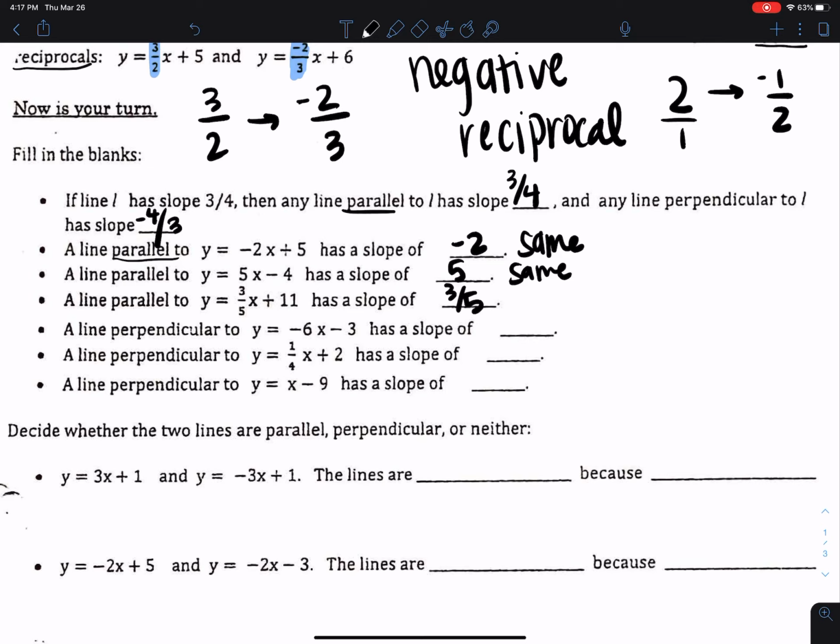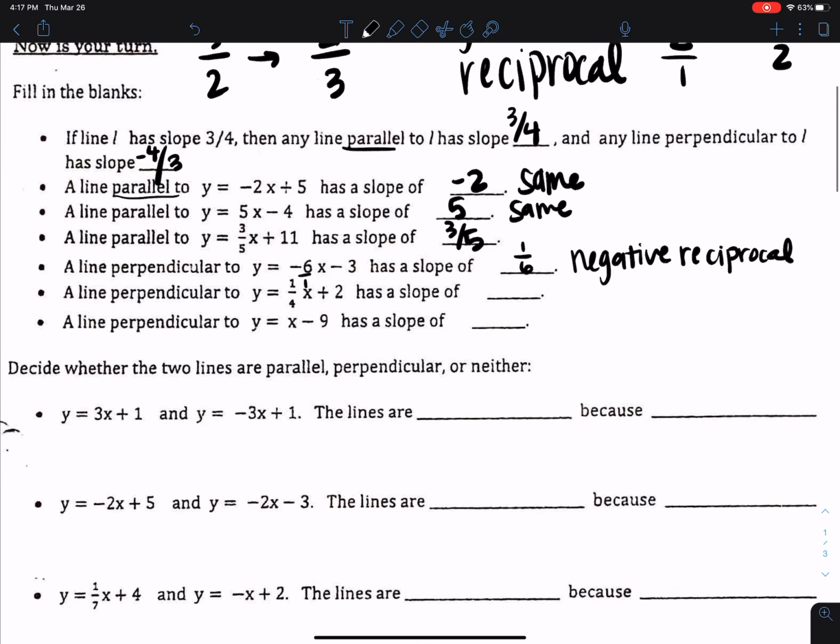For perpendicular, we can put this one over 1, so we have y equals negative 6x minus 3. We flip it, and it was negative, so we change the sign, so now it's positive. Remember, this is called the negative reciprocal. On the next one, we have y equals 1/4 x plus 2.